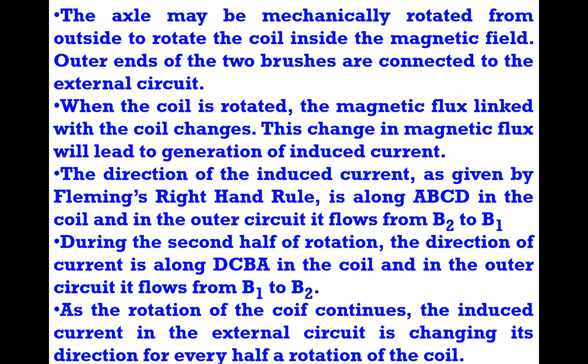During the second half of rotation, the direction of current is along DCBA in the coil, and in the outer circuit it flows from B1 to B2. As the rotation of the coil continues, the induced current in the external circuit changes its direction for every half rotation of the coil.